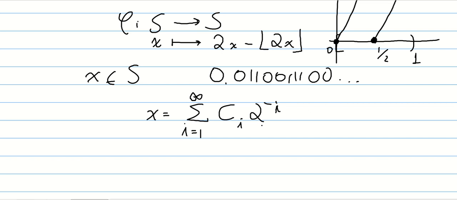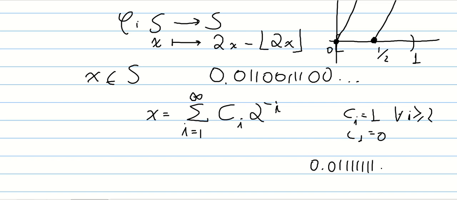It is not unique, because if we take c_i to be 1 for every i bigger than or equal to 2, and c_1 equals 0, what do you have? You have 0.0111111 forever. This is going to converge, in the sense of the series, to 0.1. So the decomposition is not unique: we have managed to write the same number, 1/2, in two different ways.